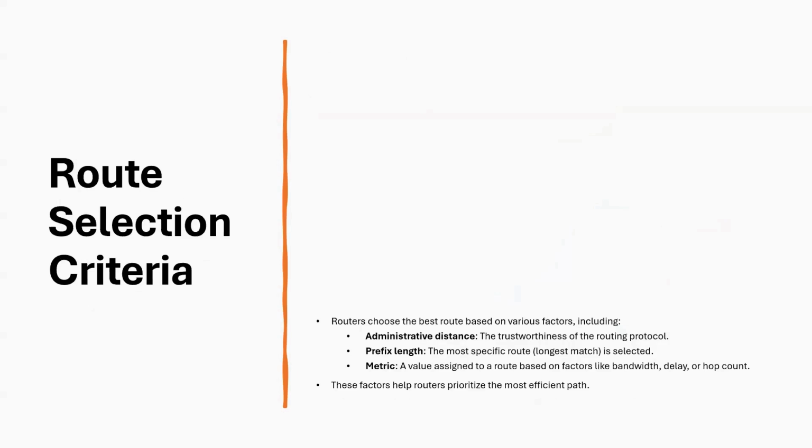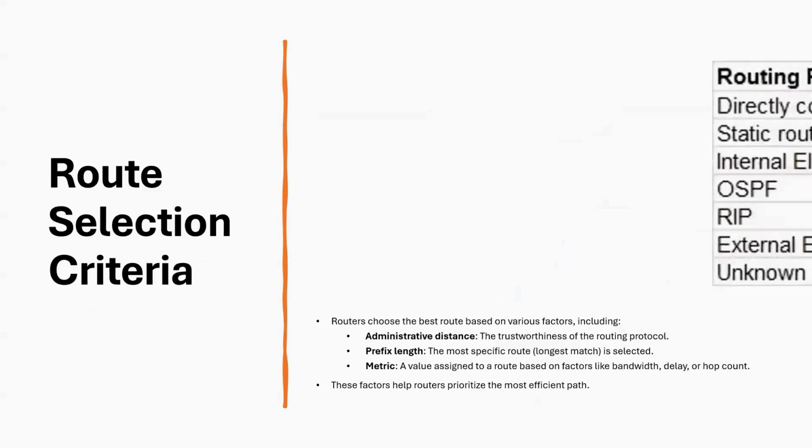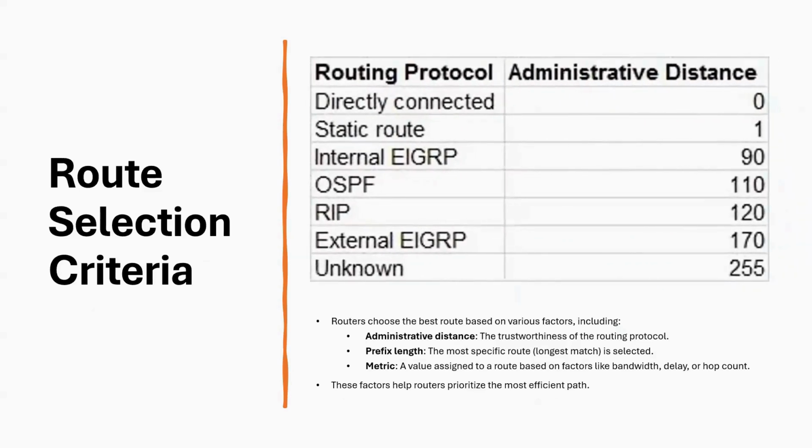So how do routers select the best path when they have multiple options? There are a few factors that routers consider. One is administrative distance. This tells the router how trustworthy a route is. The lower the number, the more reliable the route. Also, prefix length.